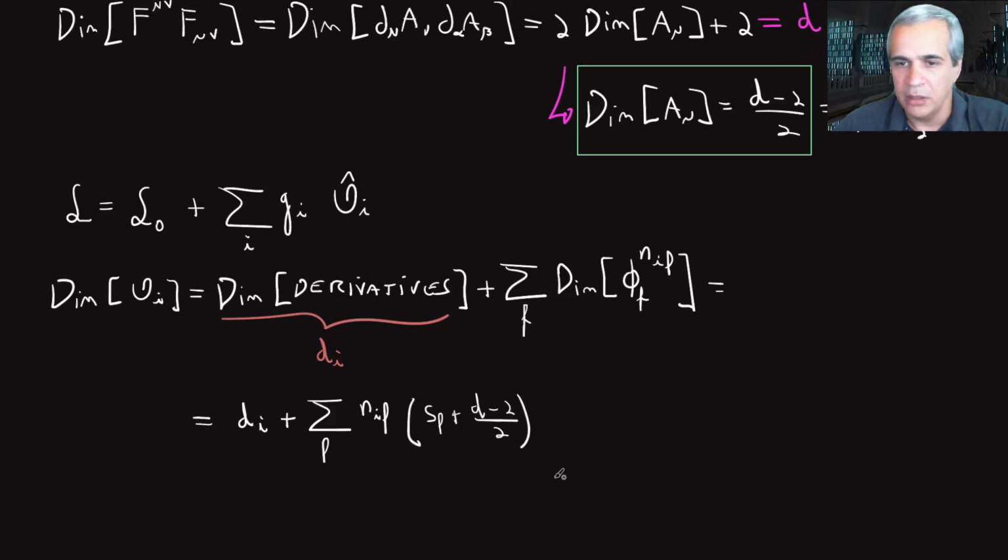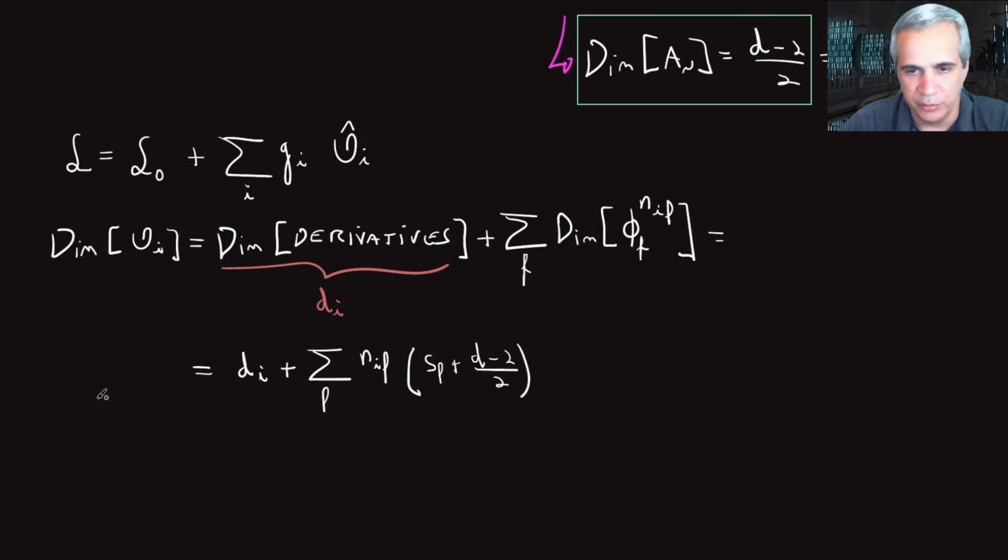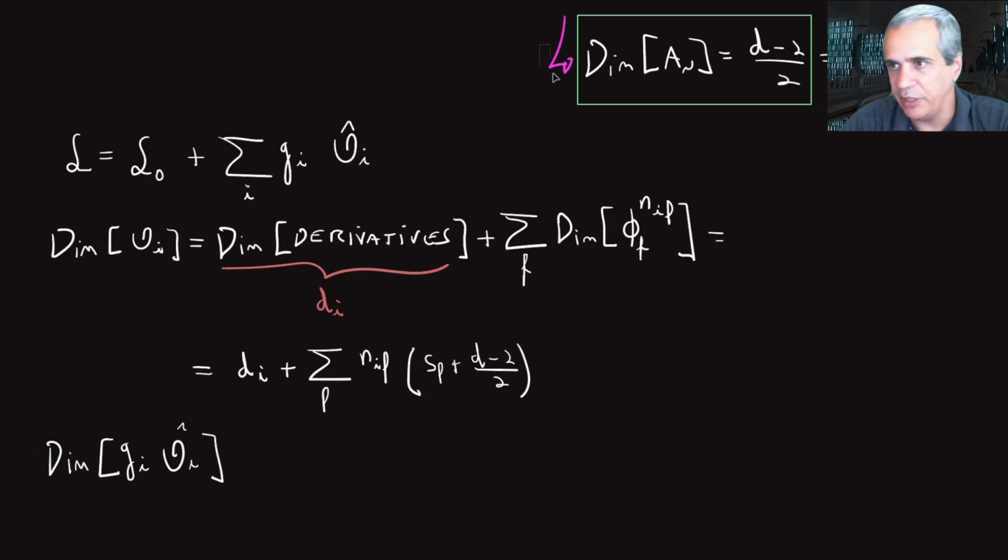Now, I also know that the dimension of gi times the operator, since this is a term in the Lagrangian, needs to be d.